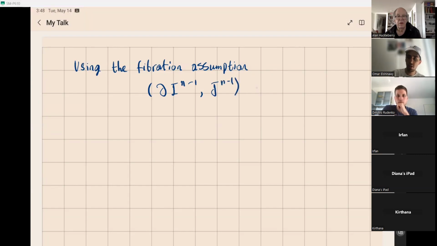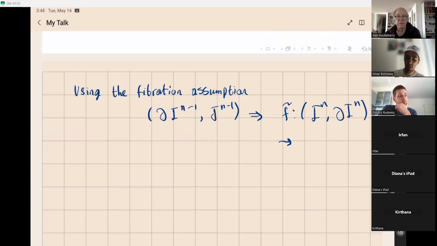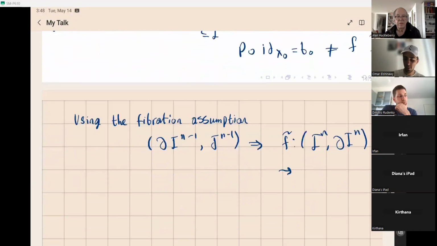And then we get a lift that is given by I to the n, and then we map it immediately to our space, which is just E. It's easy to get lost with all of those things.